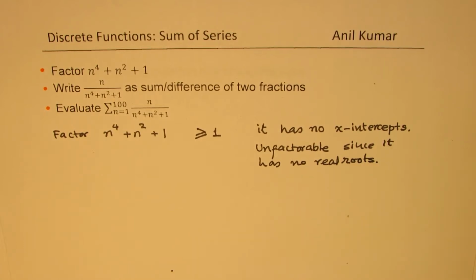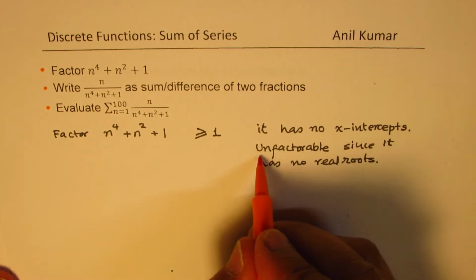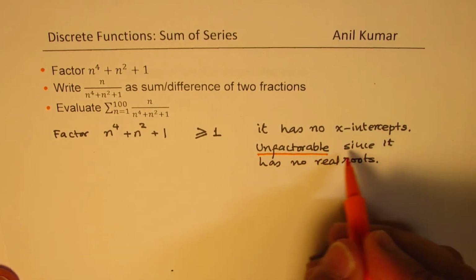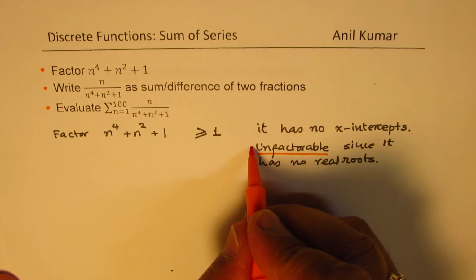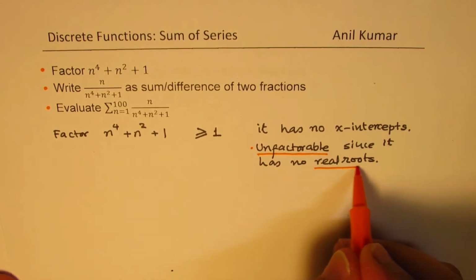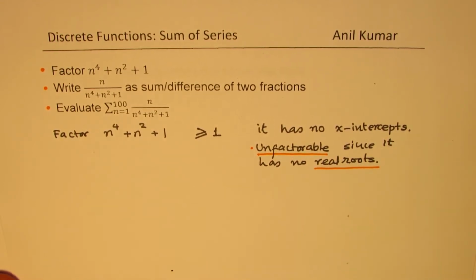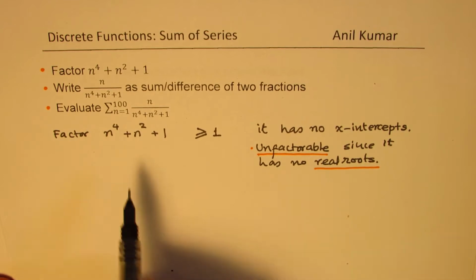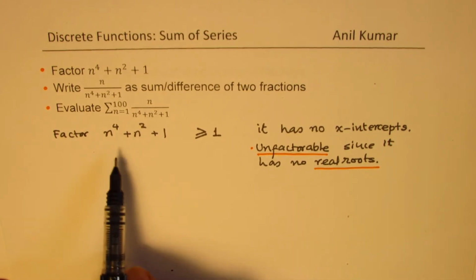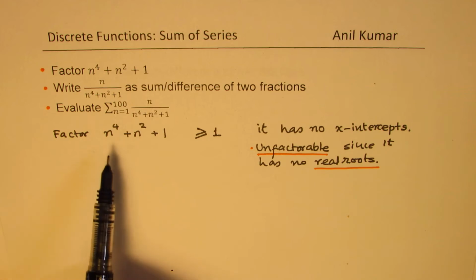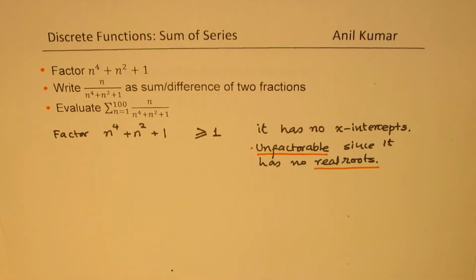Now definitely we are going to factor it. So using the term unfactorable is not correct, right? But we can say it has no real roots. That is kind of important. So what we understand from here is that we can actually factor it. So how do we factor such trinomials?